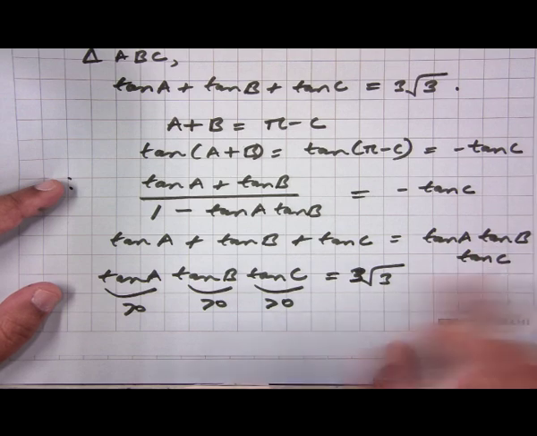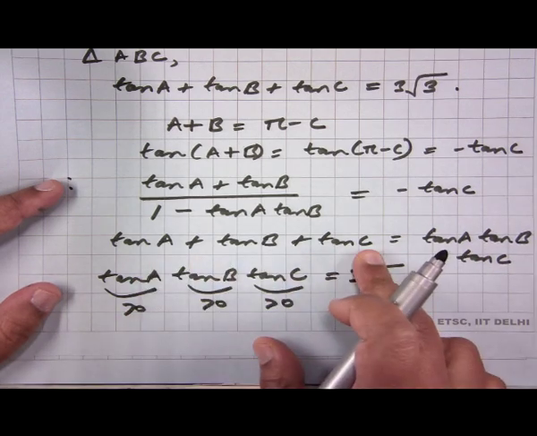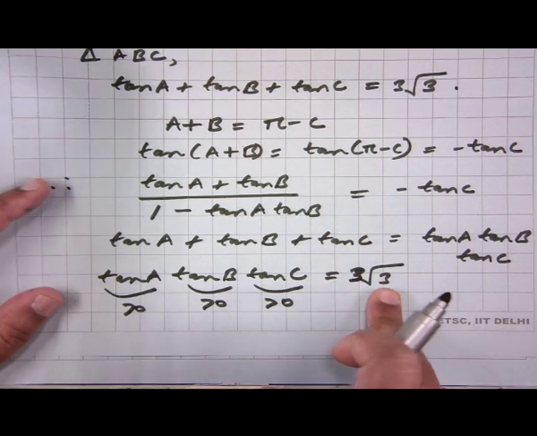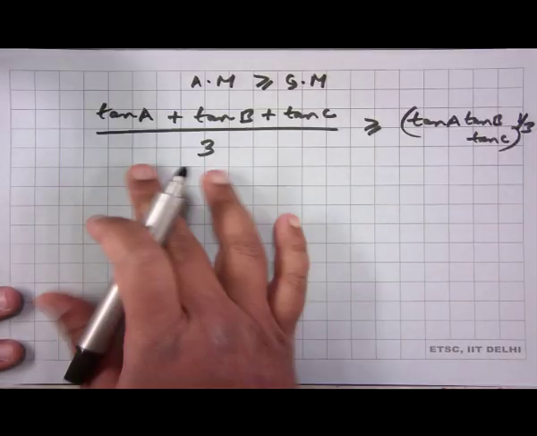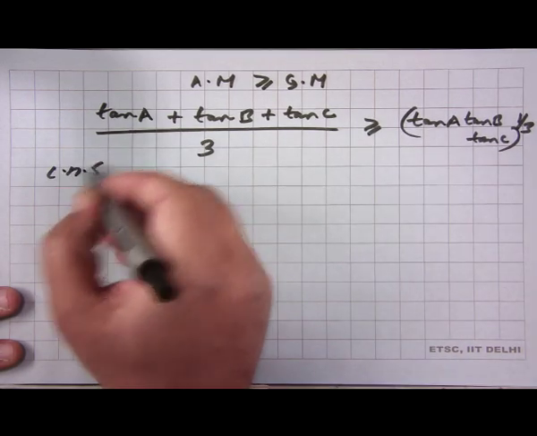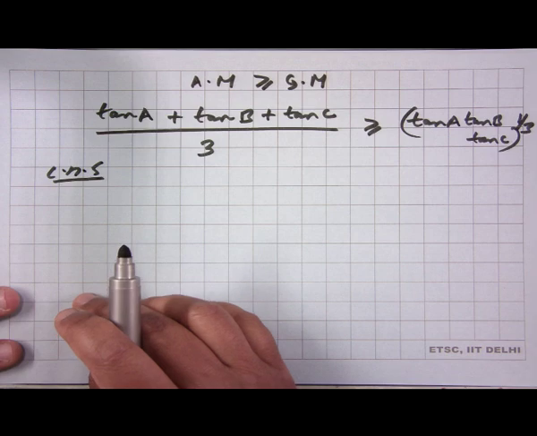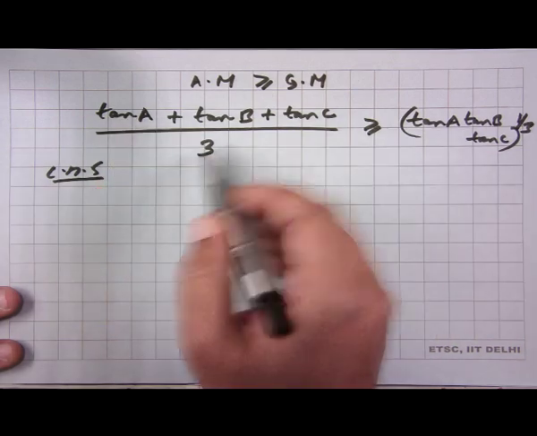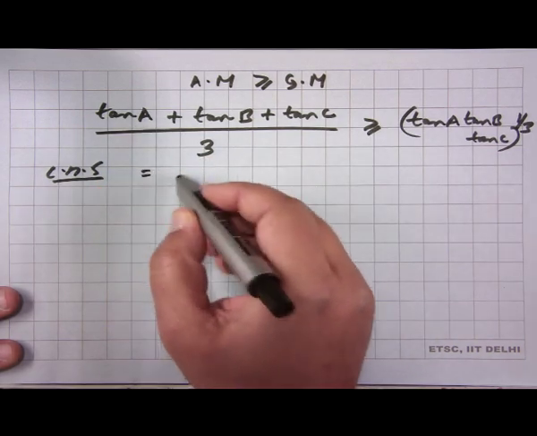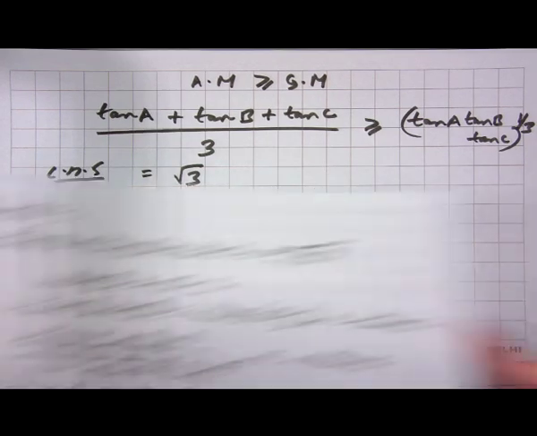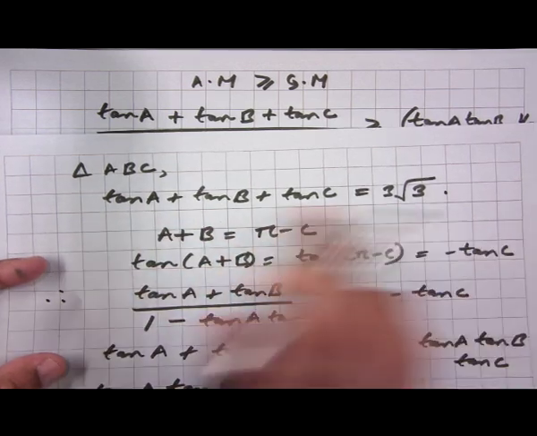Now, in this case, we already know that the product of the tans of the angles and the sum of the tans of the angles are both equal to 3 times square root of 3. So, let us try to evaluate the left hand side for the problem that we have been given. The left hand side will come out to be 3 root 3 divided by 3, which is square root of 3. That is because we initially started with this equation.